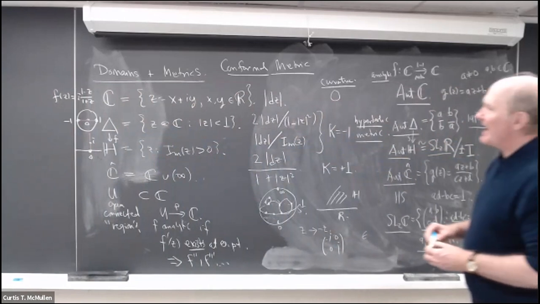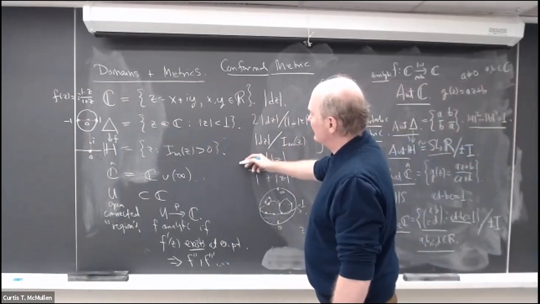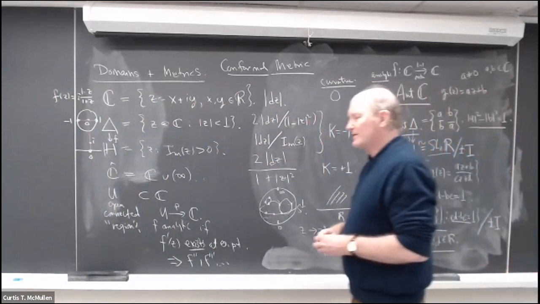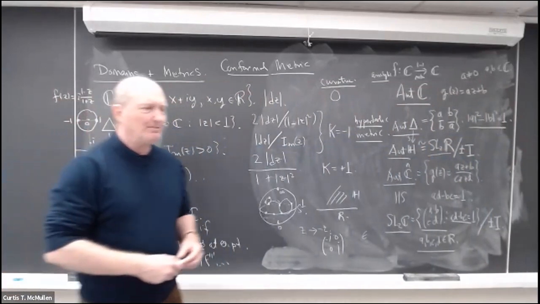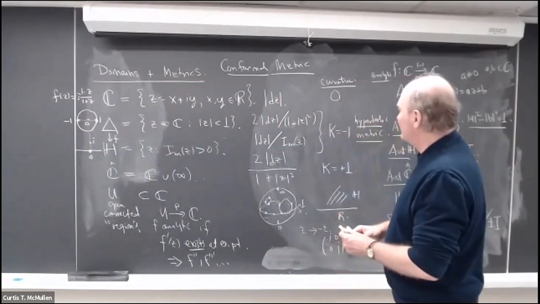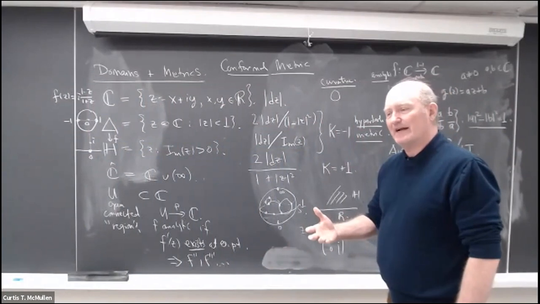So now let's come back to these domains and their metrics. When you have a very symmetric region, for example, one with a transitive group acting on it, there's often very few metrics that are invariant under the action of that group.